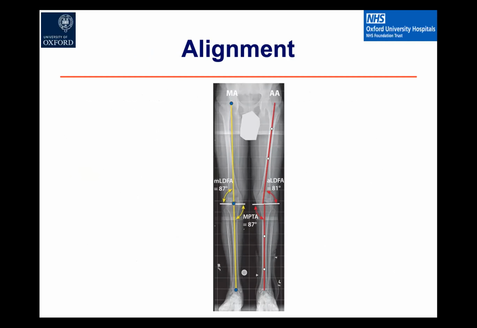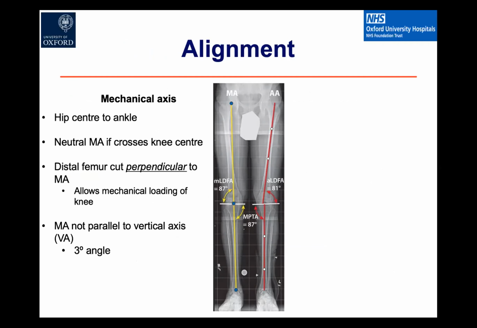What about alignment? Well, you can see in this diagram here, we've got a long-standing view of the mechanical axis and the anatomical axis. With regards to the mechanical axis, this is very simple: hip center to the center of the ankle. And in a neutral mechanical axis, this has to pass through the center of the knee.